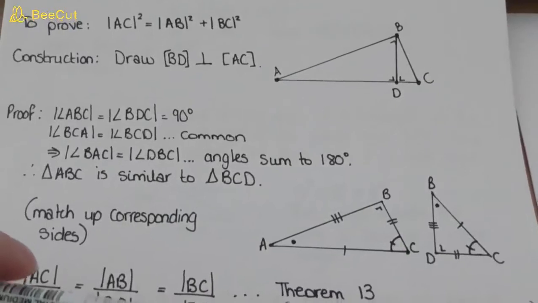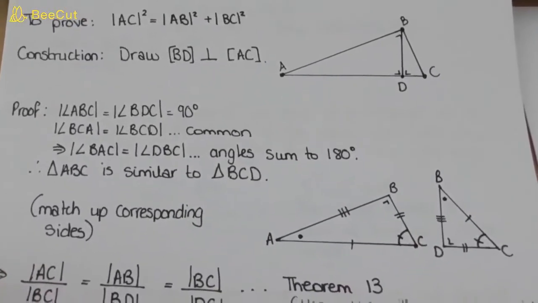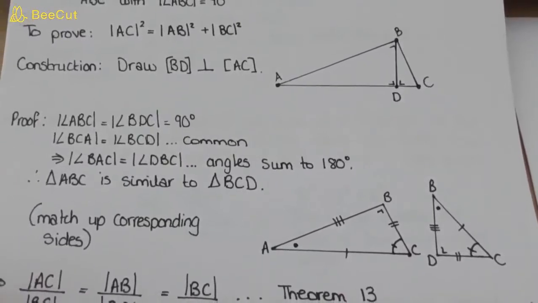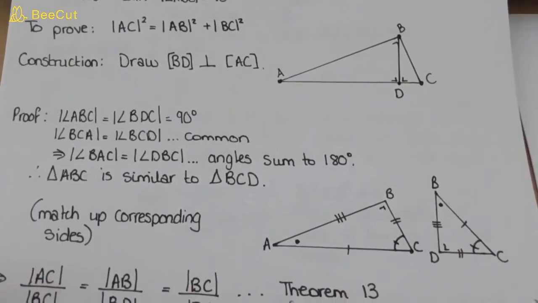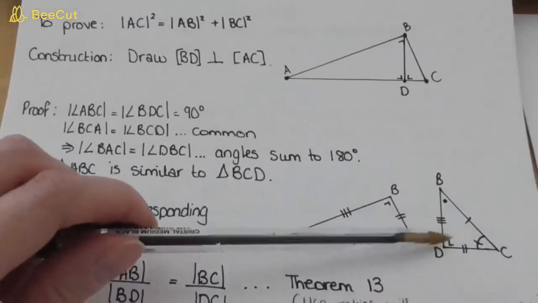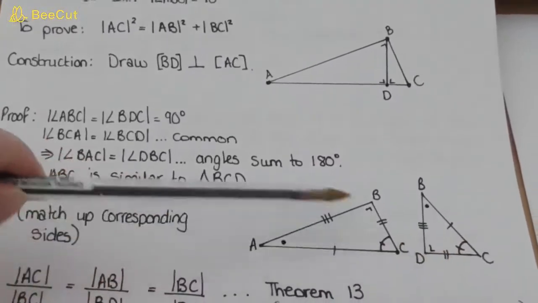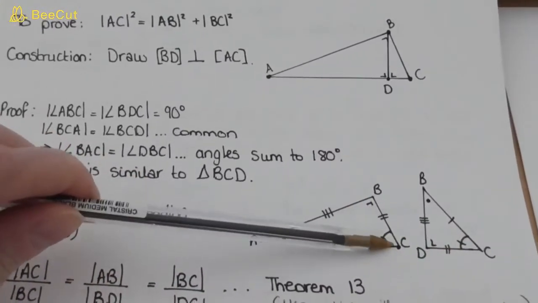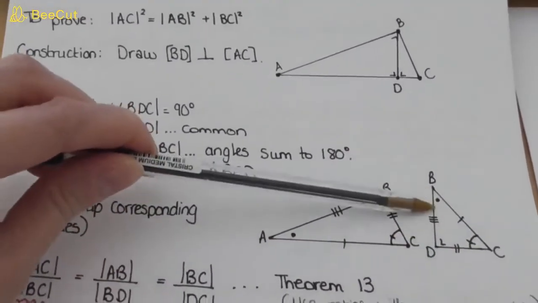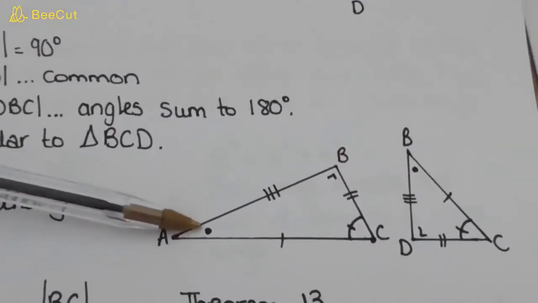And then what else do I know about this? Angle BAC is equal to angle DBC because they would both have to sum to 180 degrees. If I know that this is 90 degrees and this is whatever it is, the two of those are the same as that 90 degree angle and that 90 degree angle. So that's telling me that the third angle where I've placed a dot must be equal to that third angle.